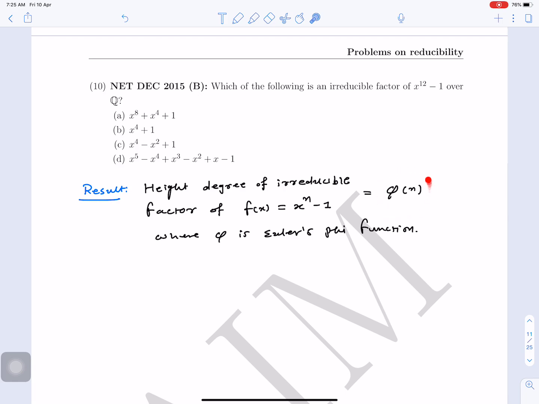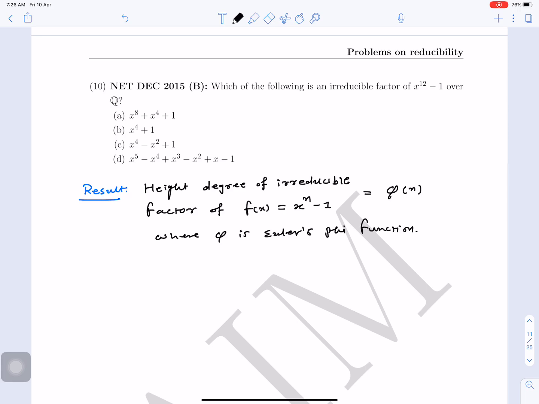A polynomial having degree greater than phi(n), if it is a factor of x^n - 1, must be reducible. It is not irreducible. So to have an irreducible factor of x^n - 1, the degree of that factor must be less than or equal to phi(n).